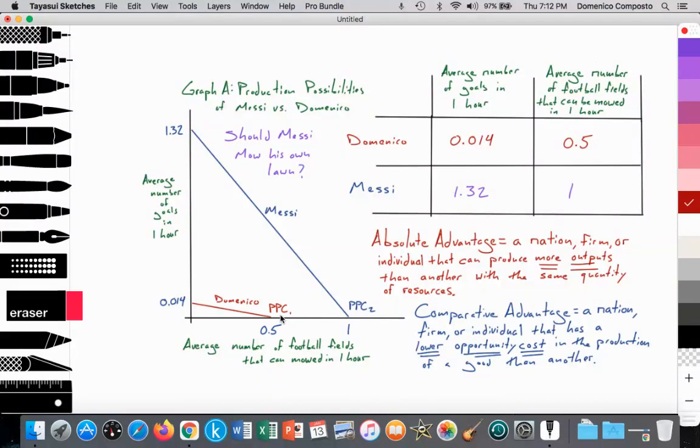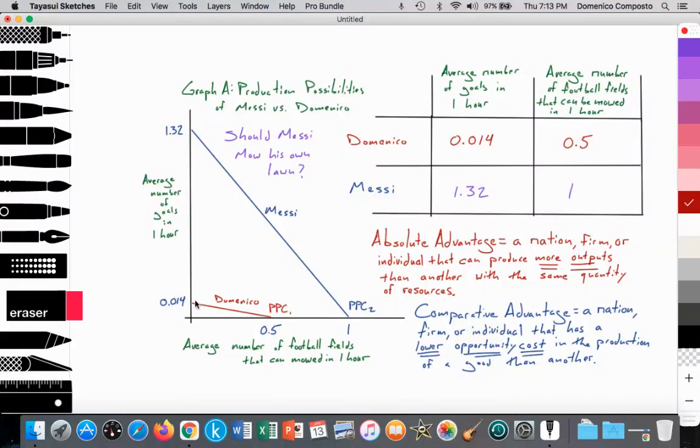Okay, so looking at Leo's PPC curve, if he allocates 1 hour of his time towards mowing the grass, he can cut 1 football field. If he allocates all of his time towards playing football, in 1 hour he can score 1.32 times. For myself, if I allocate all of my time, that 1 hour, to cutting the grass, I can do half a football field.